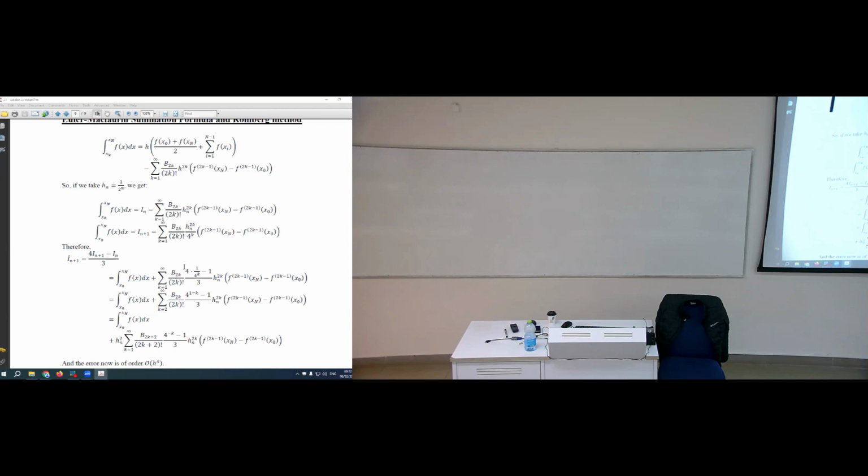So it is h to the 4. And the first term at I tilde n plus 1 is h to the 4th, but divided by what? 16. So what should I take? I should take 16 of this minus I tilde n divided by 15.